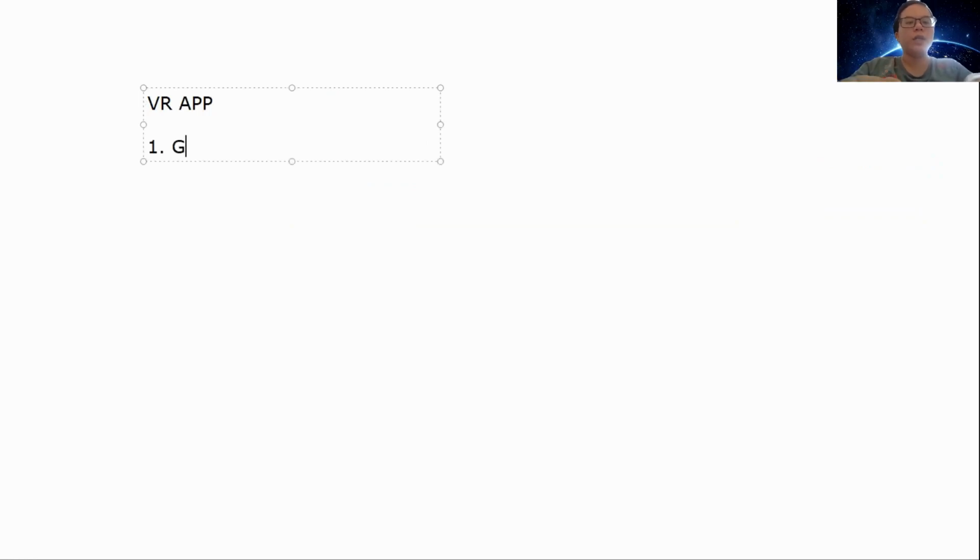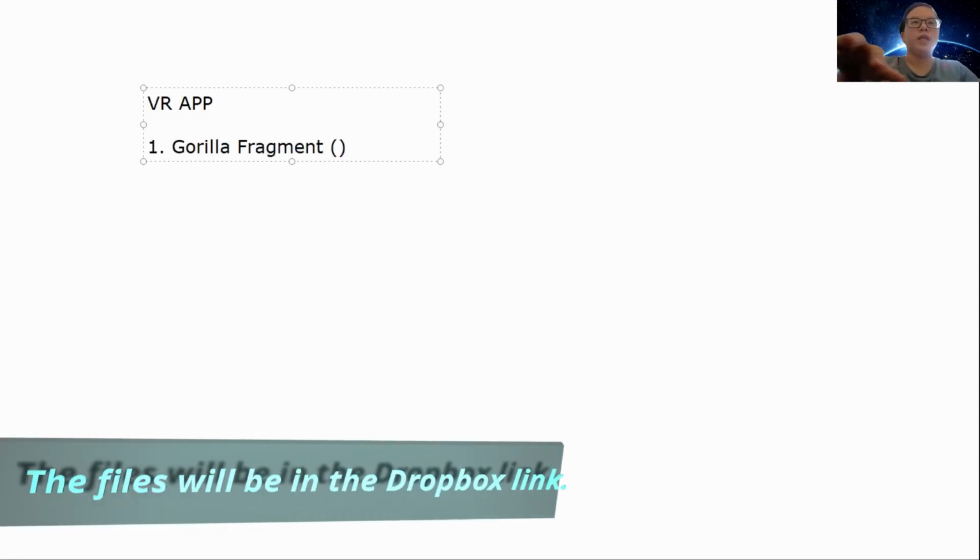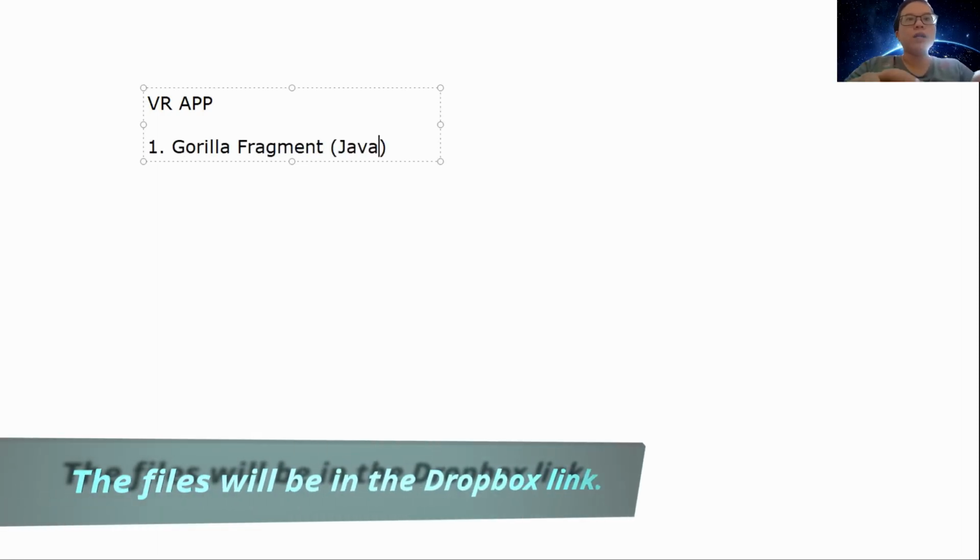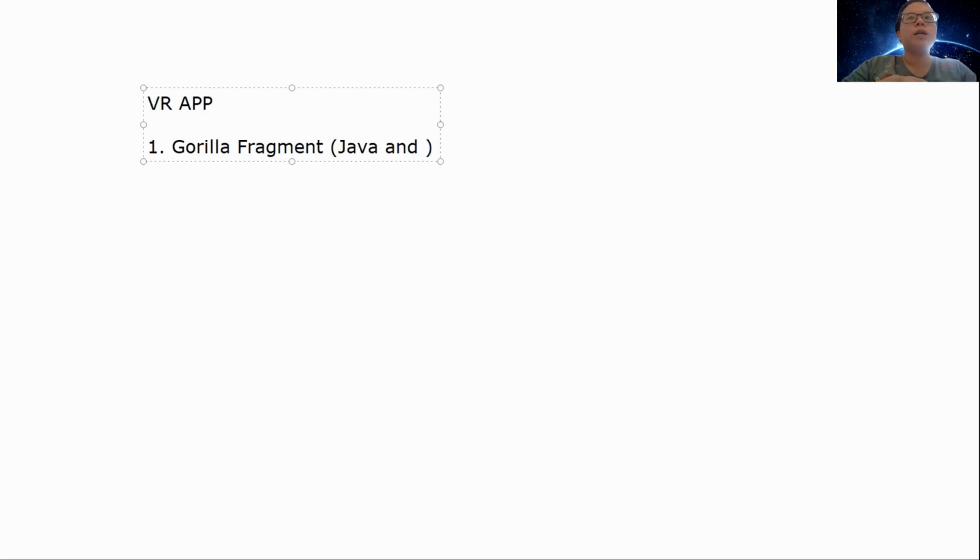First thing will be the Gorilla fragment, which includes the Java and XML, with the welcome fragment. Both of them I put J and X for you guys to take note of, which is the Java and the XML file.